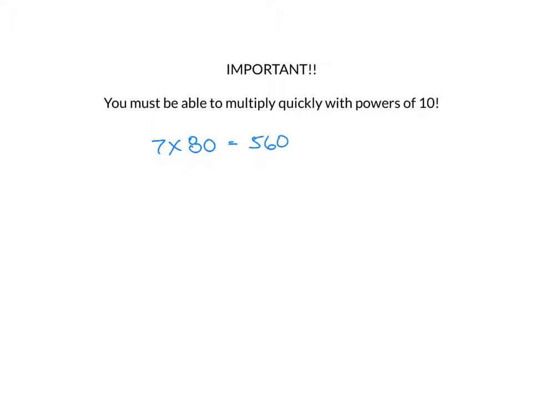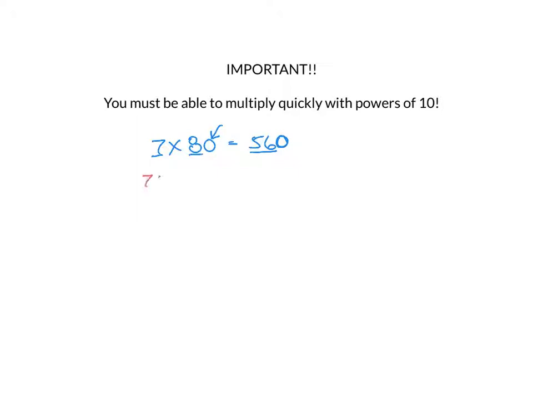I knew that because of the power of 0, as I call it, the power of 10. I know that 7 times 8 is equal to 56. And since there's one 0, I'm going to put that 0 at the very end, and I'm going to get 560 for an answer. Let's continue to do some other problems like that.